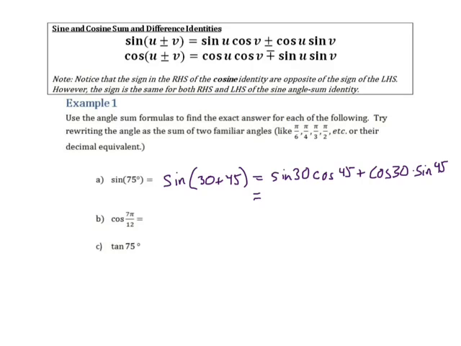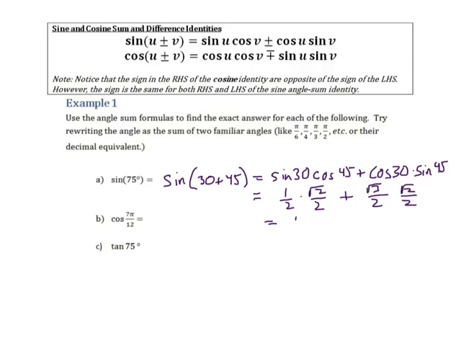From our unit circle, we know that the sine of 30 is 1/2, cosine of 45 is root 2 over 2, cosine of 30 is root 3 over 2, and the sine of 45 is root 2 over 2.